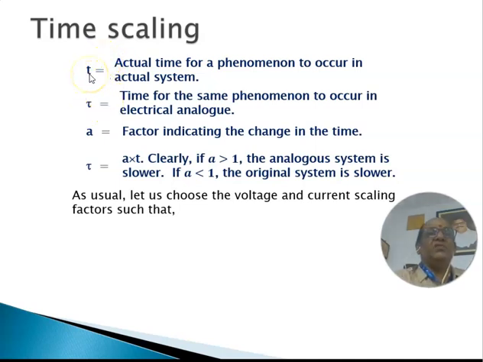If t is very small, that is, for an event to occur in the mechanical system it takes very small time, that means the system is faster. If t is larger, then we say the system is slow. The same thing we can say here. If tau is very small, the electrical analog is faster. If tau is very large, we say the electrical analog is slower.